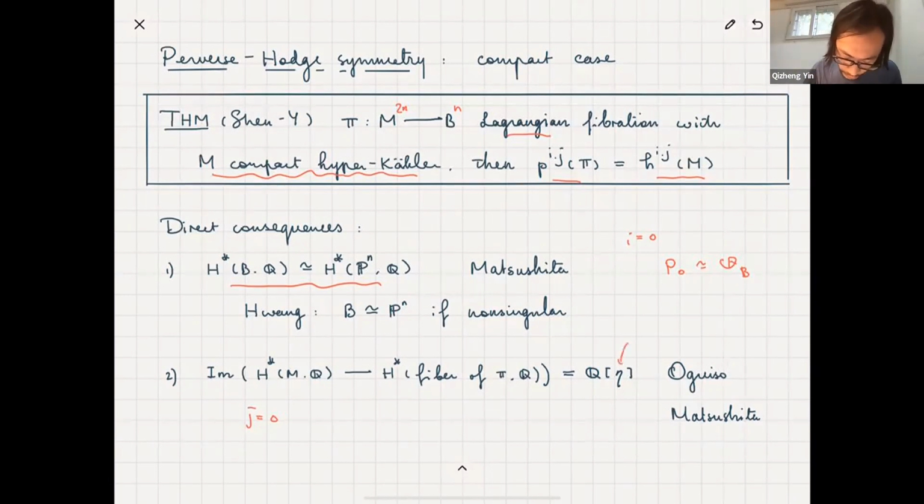It is generated by the class of a relatively ample line bundle. In degree 2, it was a result of Matsushita, and here you can easily generalize it to all degrees. And this is again taking j equals 0, and then again you land on the boundary of the Hodge diamond, which is again 1, 0, 1, 0.